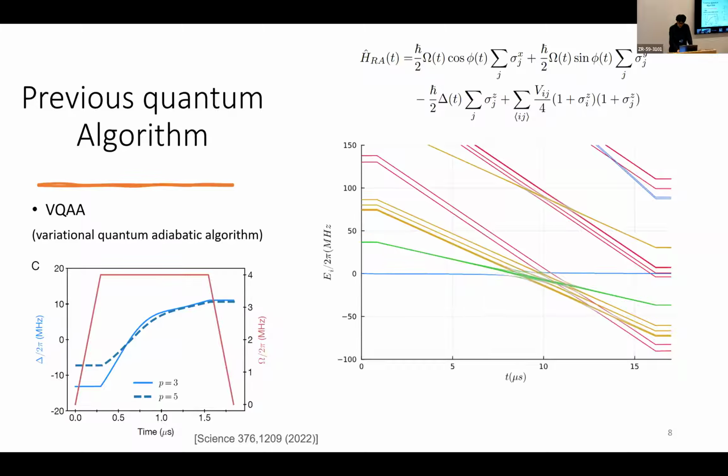For this kind of evolution, there are exponentially small gaps in the middle of the evolution, which means if we really want to achieve adiabatic evolution, we require exponentially long time, which makes the quantum algorithm in the ideal case very inefficient.